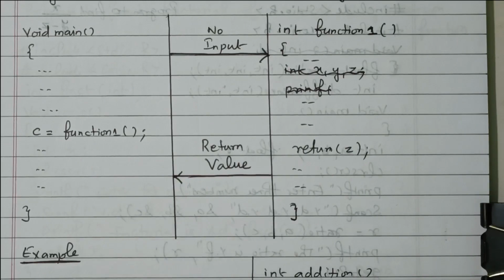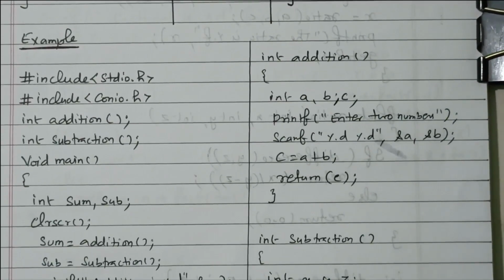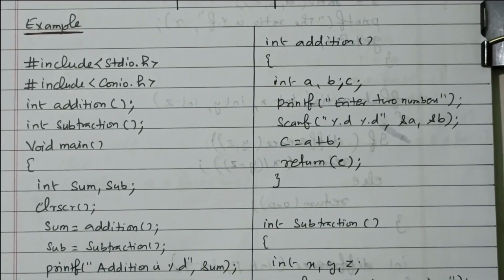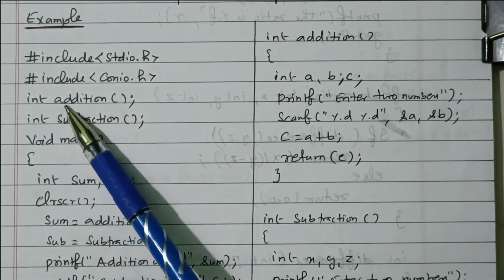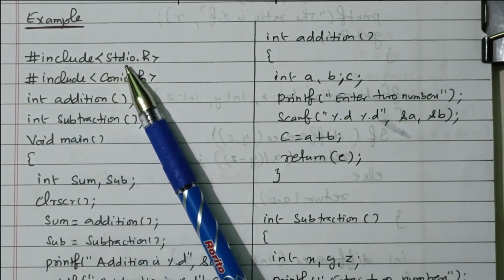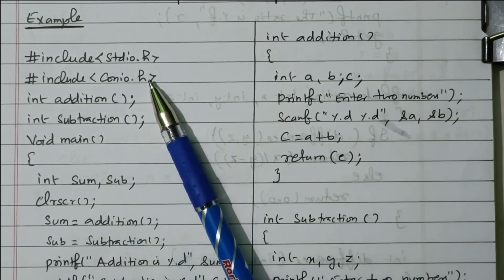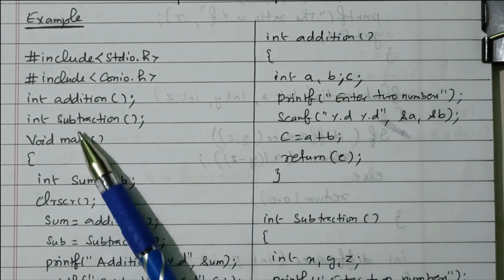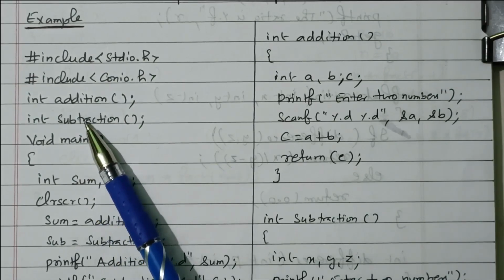Now we'll see one example program so that we are able to understand clearly. We'll see the program for addition and subtraction of two numbers. First we'll include the header files: stdio.h and conio.h. Before going to the main program, we need to declare the function. This is called function declaration.